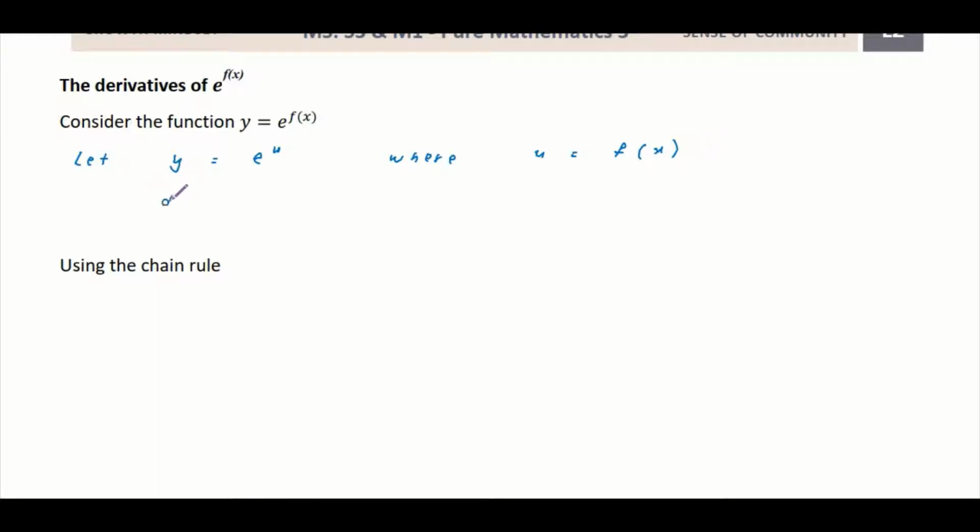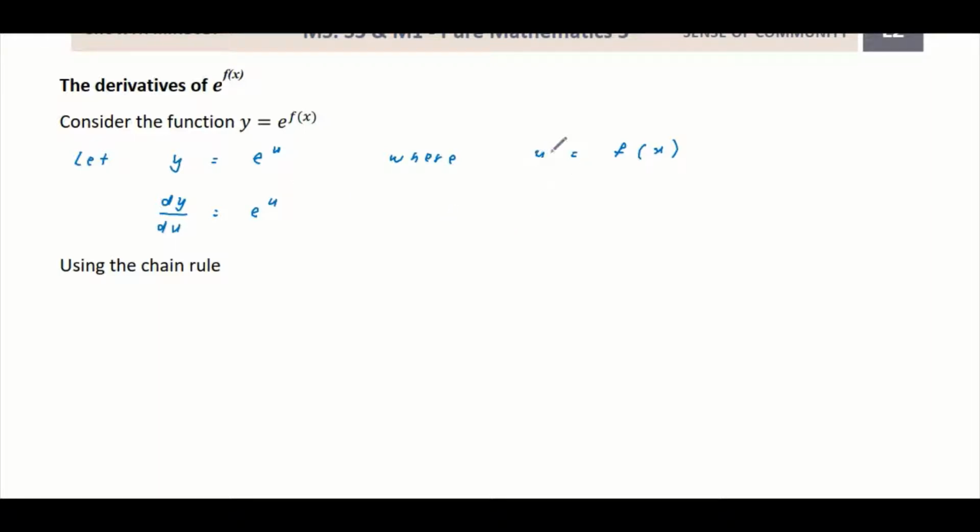Okay, so dy/du, right? This is in terms of variable u. So what do you get when you do dy/du? Just now we learned that when y equals e to the power of x, dy/dx is e^x, correct? So when I differentiate e to the power of u, I'll get e to the power of u as well.